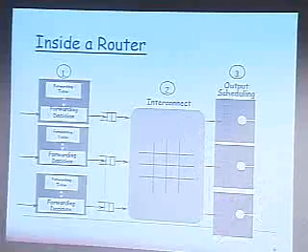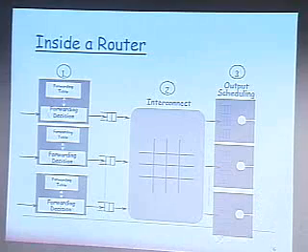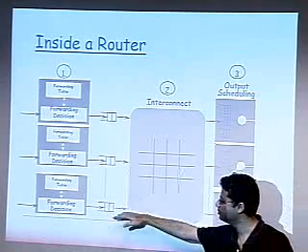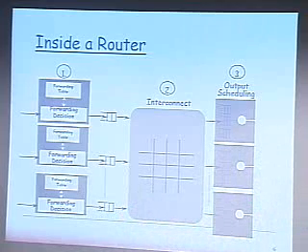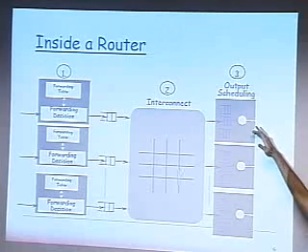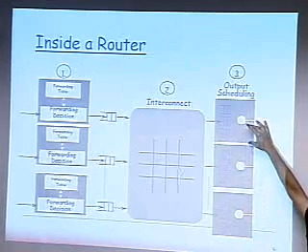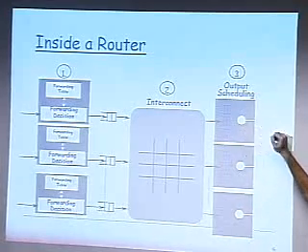The second part of a router is the interconnect. The interconnect is what will connect the input port to a particular output port. And the third part is obviously the output port, where these packets are finally put on the appropriate link and forwarded along to the next hop router.